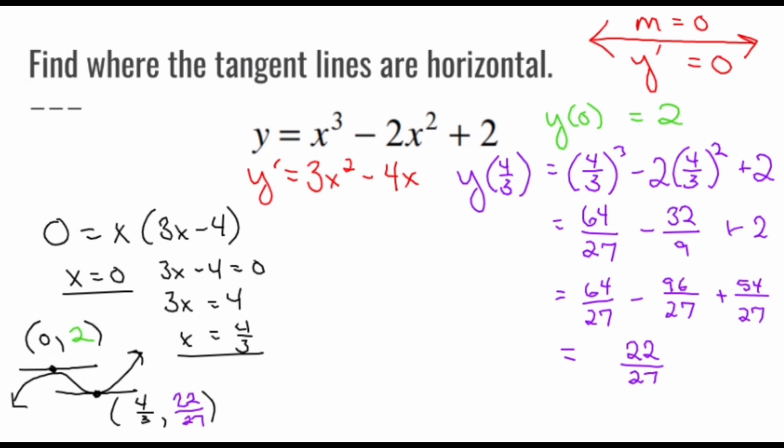Let me rewrite them in a color I haven't used yet. Where are these tangent lines horizontal? 0, 2, and 4/3, 22 over 27. There you have it. Now you know exactly what to do.